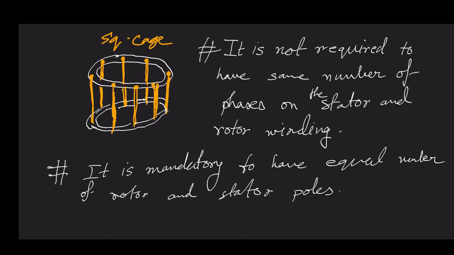Now, if that is the case, then think about this kind of structure. This can adapt to any number of poles. But if you consider a slip ring machine, which is providing you external access, when you want external access, you are actually also compromising on the flexibility of rotor structure.